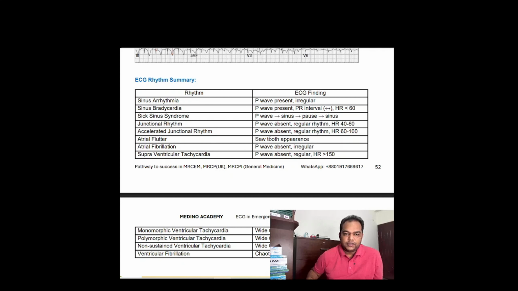Atrial flutter is appreciated by sawtooth appearance, and atrial fibrillation is appreciated by absent P waves and irregular rhythm. Supraventricular tachycardia: in case of SVT, P waves are absent, rhythm is regular, and heart rate is more than 150.